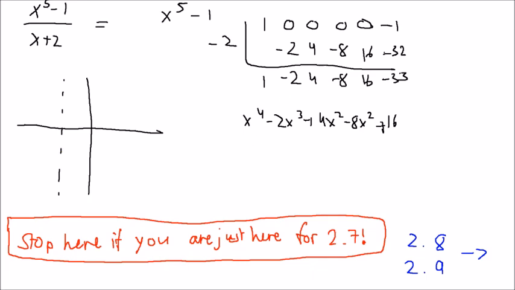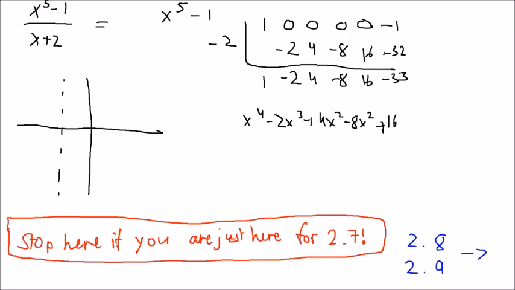So I'm literally going to go to Desmos and try to graph this right now, because this is a ridiculous graph. I'm not going to graph it in my graphing calculator, it'll take longer. x to the 4th minus 2x to the 3rd plus 4x squared minus 8x plus 16.